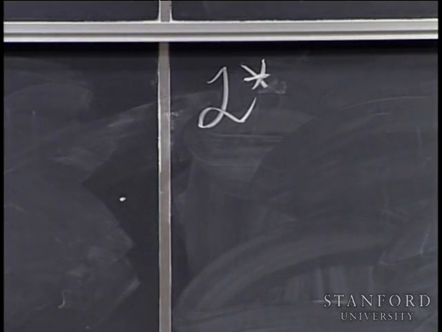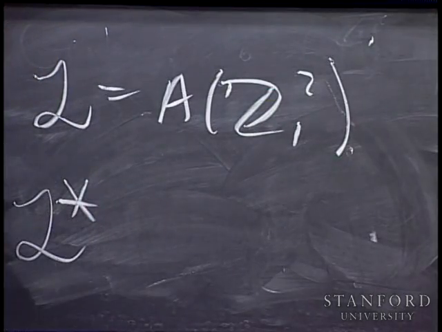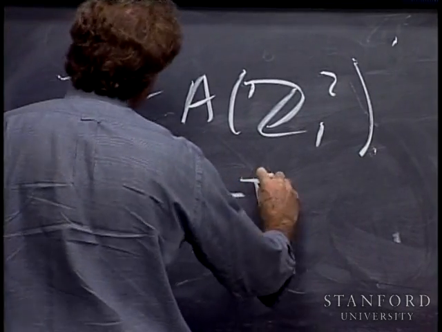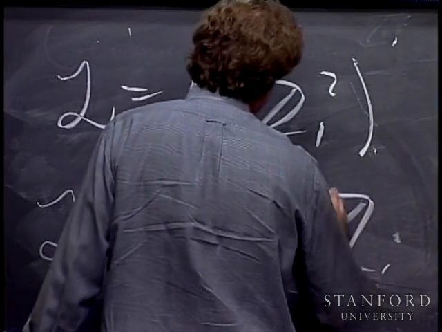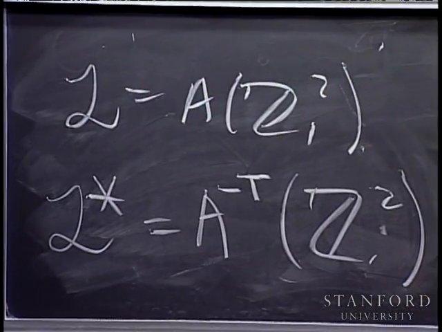So L is A applied to Z2. Then the crystallographers define the reciprocal or dual lattice to be, guess what? A inverse transpose applied to Z2.